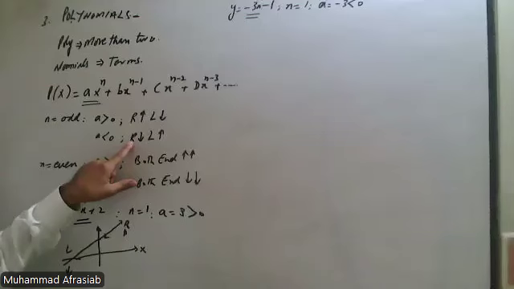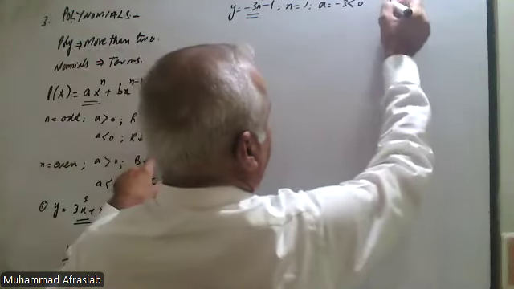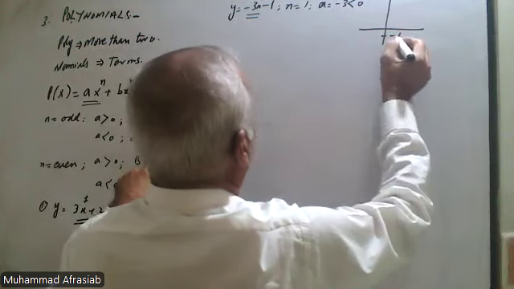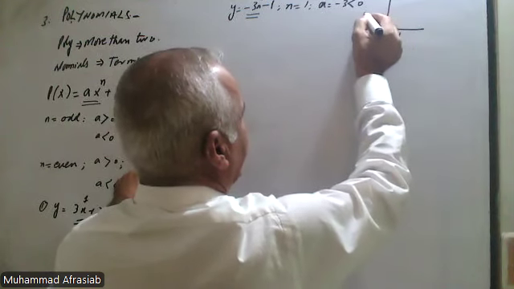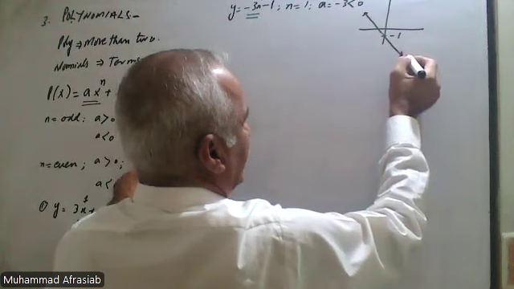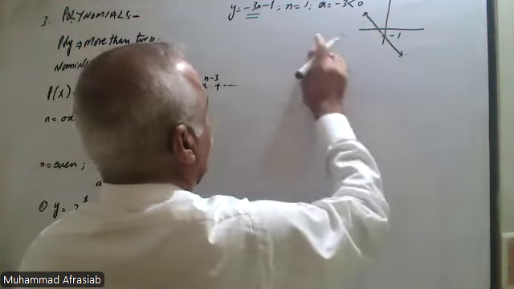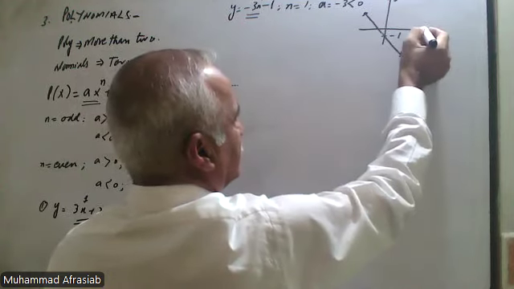That is, the right side will be downward and the left side will be upward. So the graph of this will be like this. It is minus 1. The left side of this graph is upward and the right side of this graph is downward. So this is the graph of y equals minus 3x minus 1.